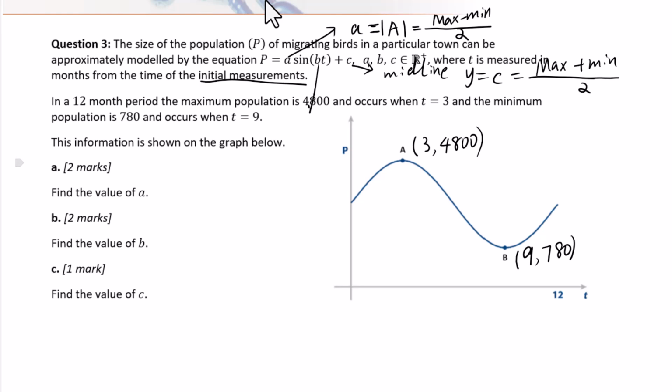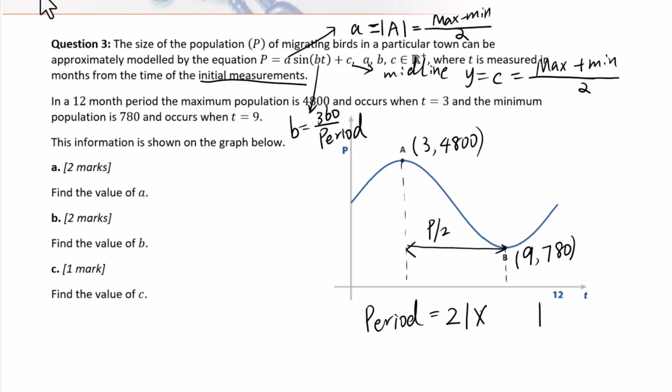This B is dealing with the period. B equals 360 over period. We know period equals 2 times the absolute value of the horizontal distance between maximum and minimum.